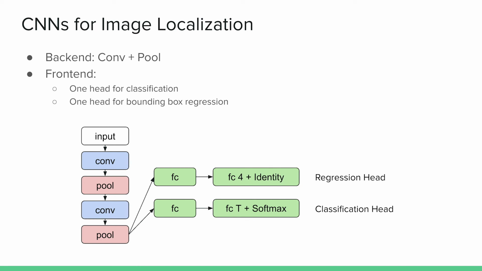Nothing prevents us from creating just two branches here. That one would have 4 outputs and the identity function. Those 4 outputs could be, for example, the X, Y position, width and height, which I think would be the most reasonable way to encode the position here. And that would be our network for image localization.